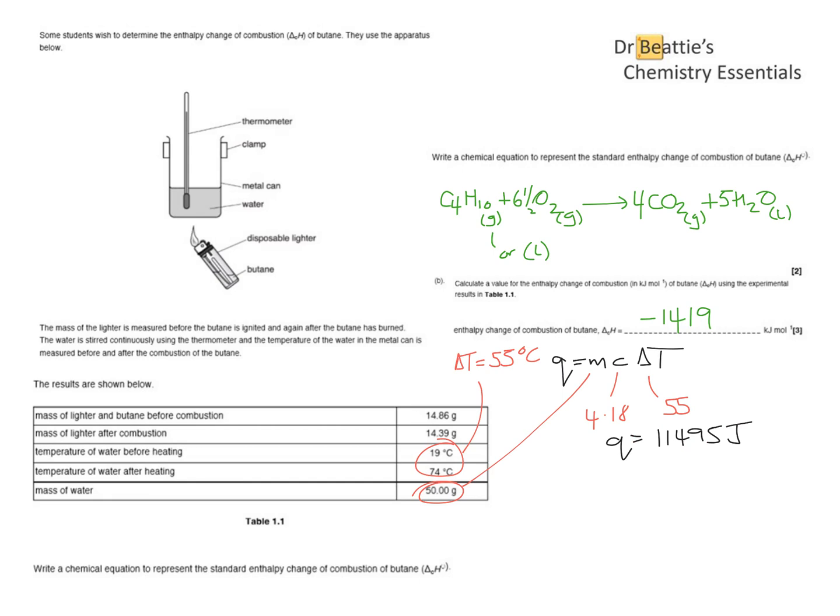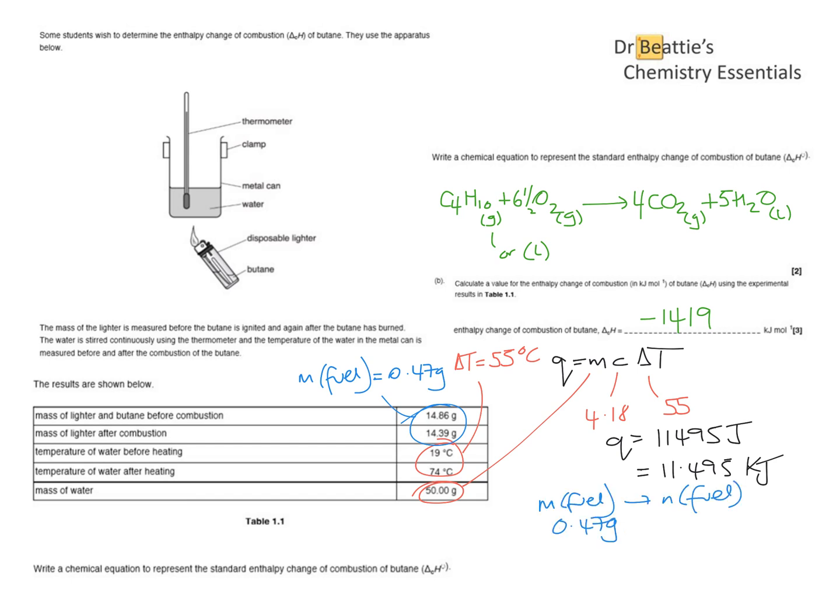To take that forward, we're going to turn this into kilojoules. We also then need to work out the moles of fuel that we used from the masses given. And from this mass of the fuel, we need to work out the number of moles of that fuel.